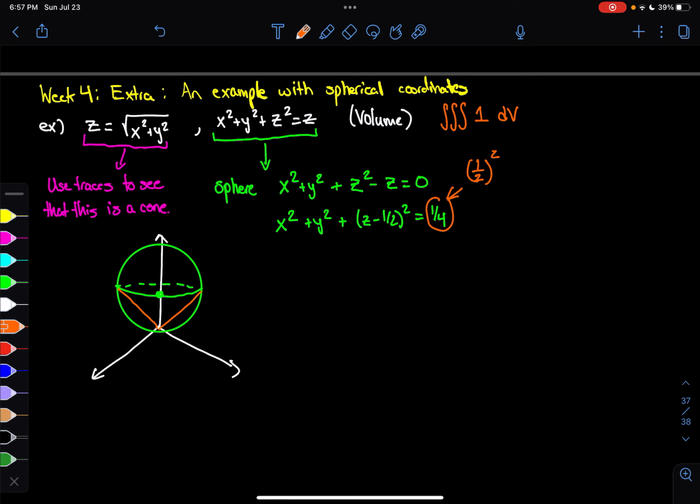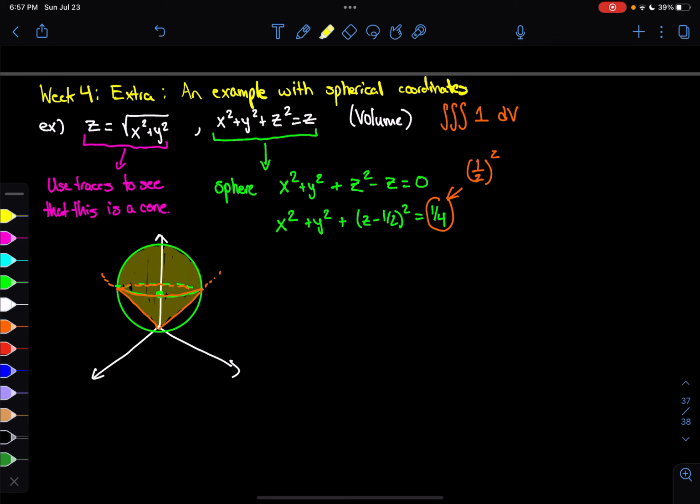Now, this cone technically keeps going, but we want basically the region that is encapsulated by the cone and the sphere. So we're talking about everything inside this cone and the sphere itself. This is the region that we're talking about.